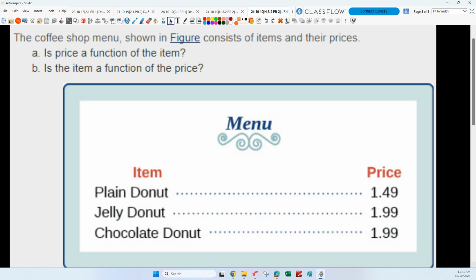If price is a function of the item, what are we considering to be the input and what are we considering to be the output? If we talk about f of x, x is the input and then the function is the output. So if we're talking about a function of item, the item must be the input.